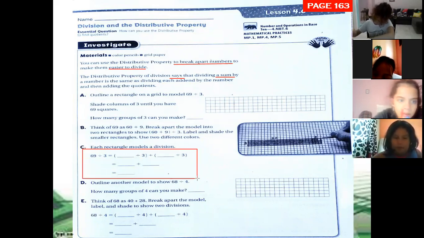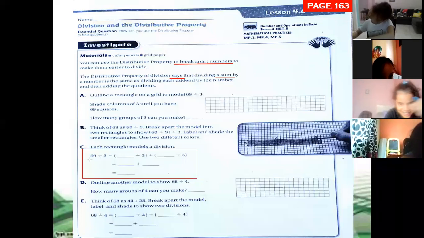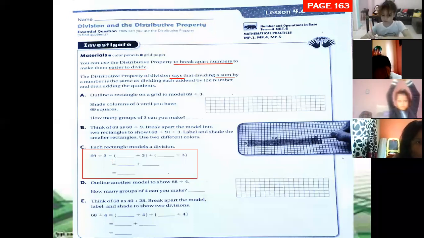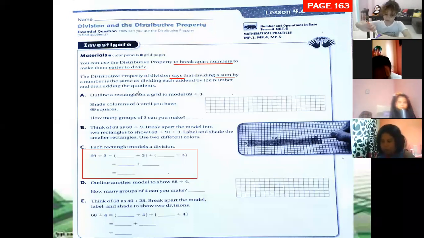This is an example of the distributive property. Look at this one. It says 69 divided by 3 is equal to one number divided by 3 plus the other number divided by 3. Okay, that's what it says here.